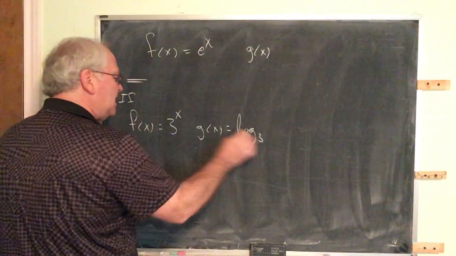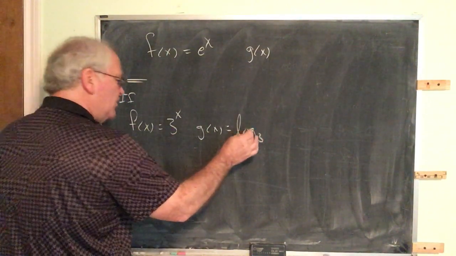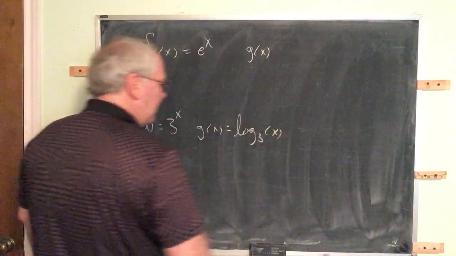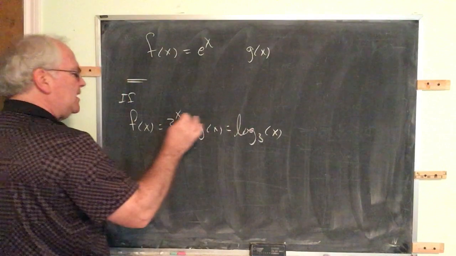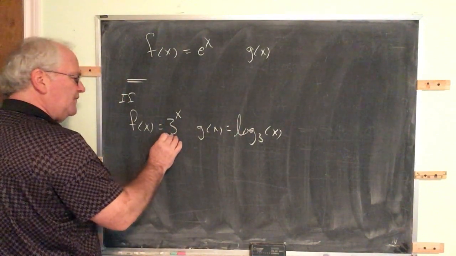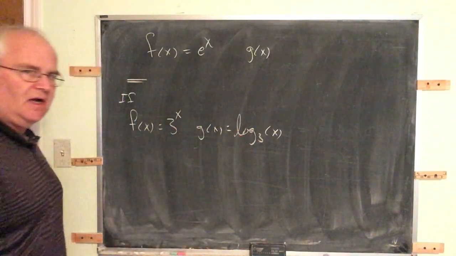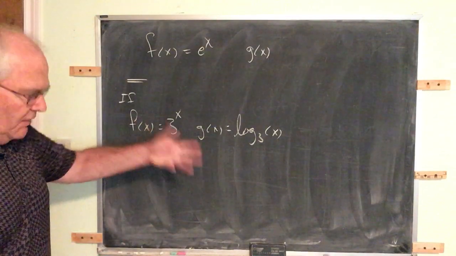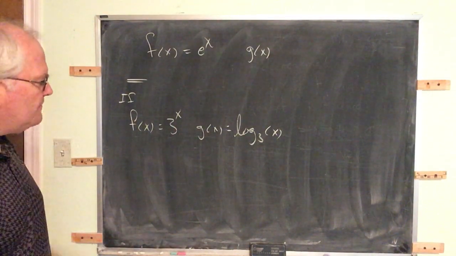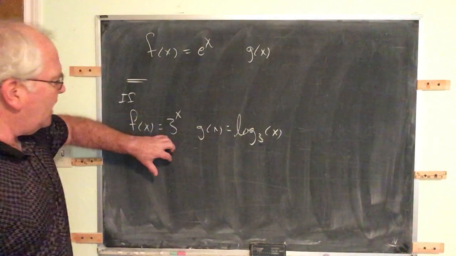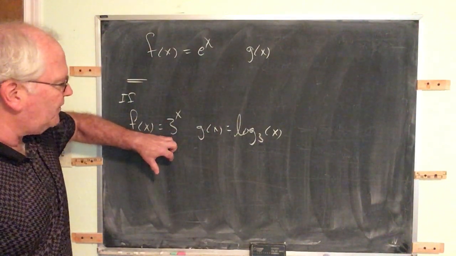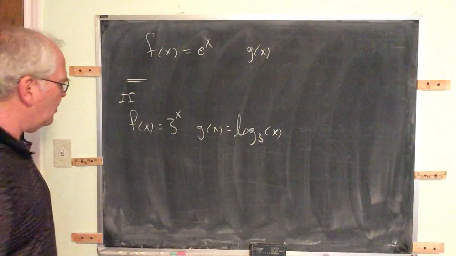It's a label more than anything else. It's not a computational thing. There are some computations you can do with it, but essentially it's just a labeling to let you know which exponential function this logarithm is associated with.